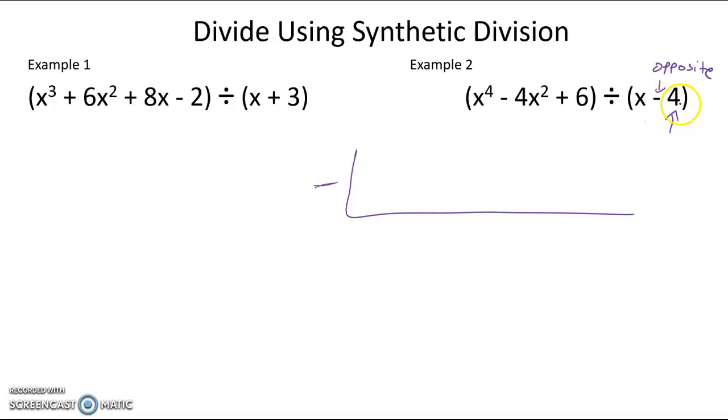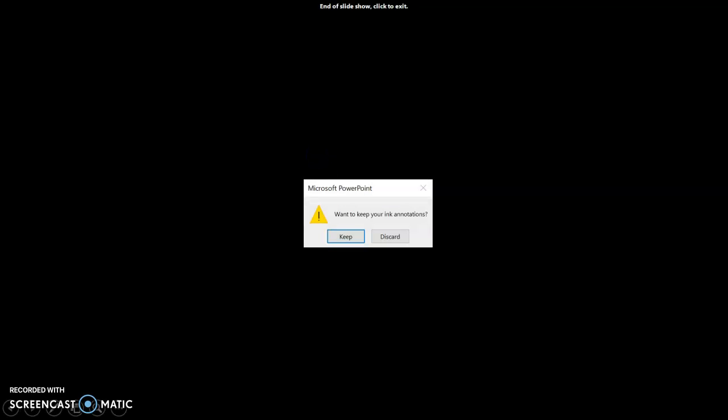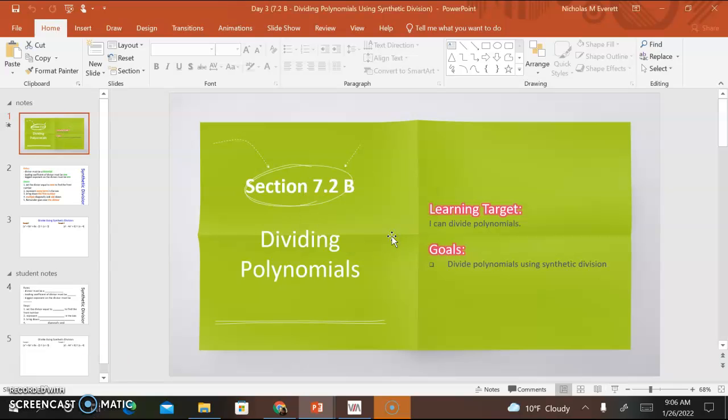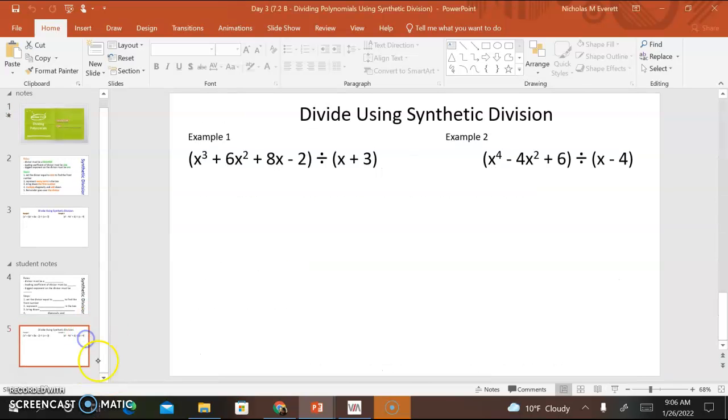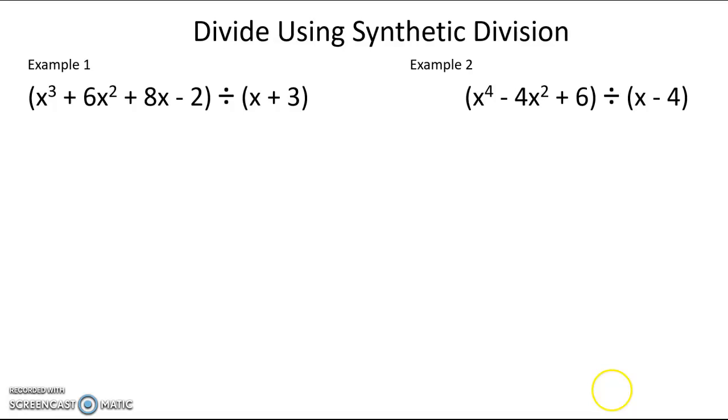So if it's -4, it's going to be a +4. So we have the +4 out there.